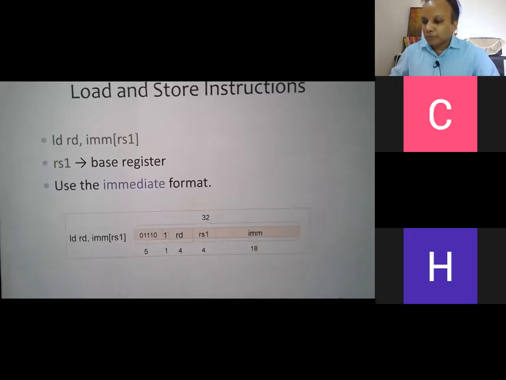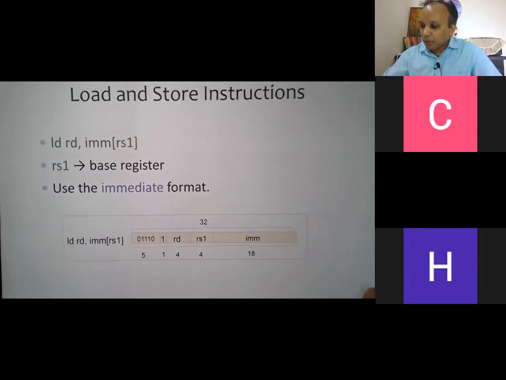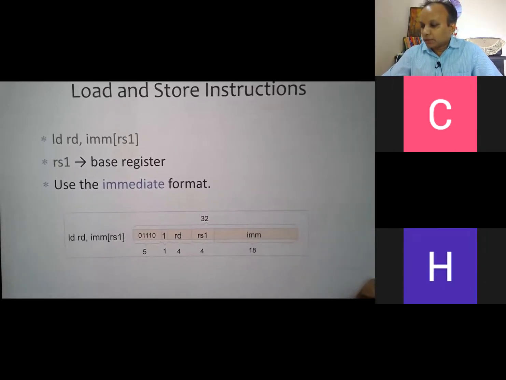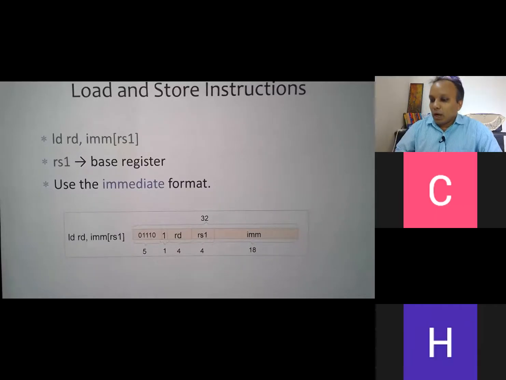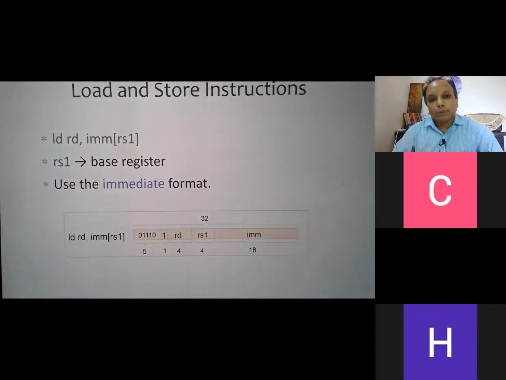All right. Okay. So the load instruction, we have seen it in the last class also. You have a destination, and the address from which the load needs to be done is specified through base offset addressing mode.